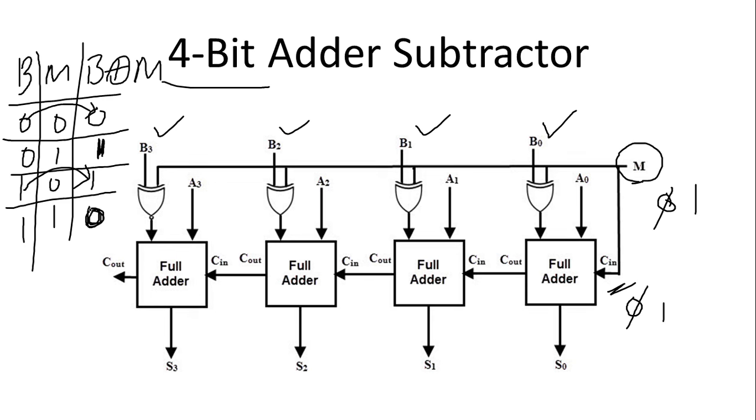All the values of B will be inversed, and Cin would have 1, so it would be working as a subtractor. All the functionality of subtractor and adder depends on M. We can switch that bit to perform addition, and we can switch it back to perform subtraction. Pretty interesting. We can reuse the whole circuit just by attaching 4 XOR gates and 1 M bit.